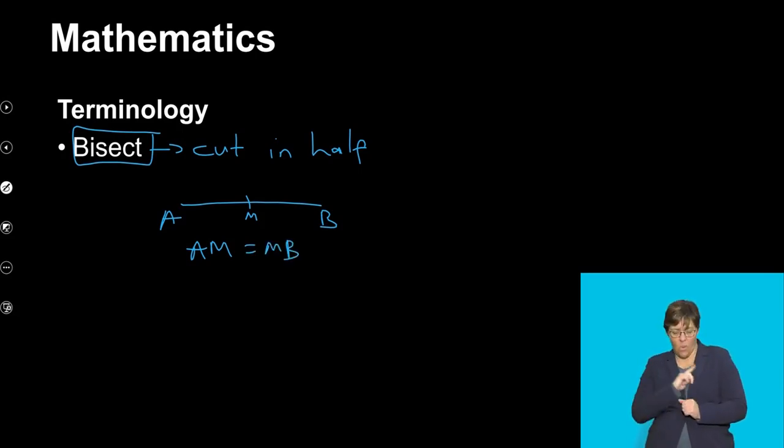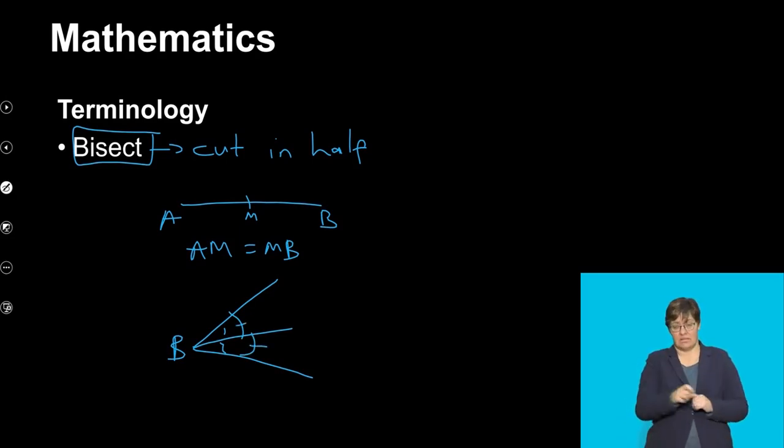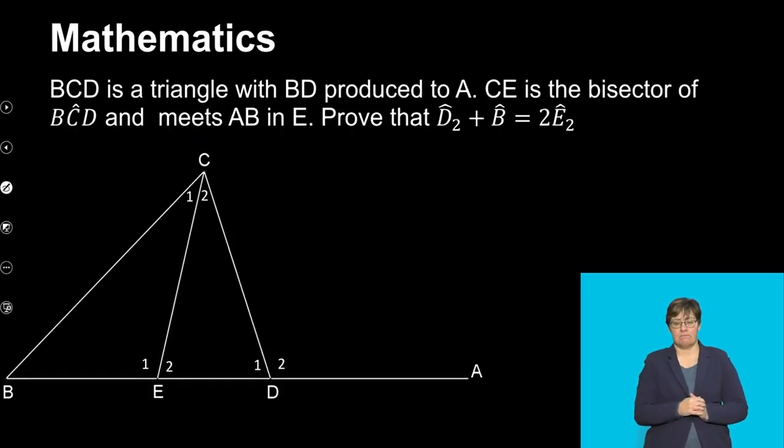That's what bisected means. Even with an angle, if I say this angle here is bisected, it will be divided into two angles which are going to be equal to each other. So that's what bisect really means. But now let's see how we can apply all of this in terms of the riders themselves.